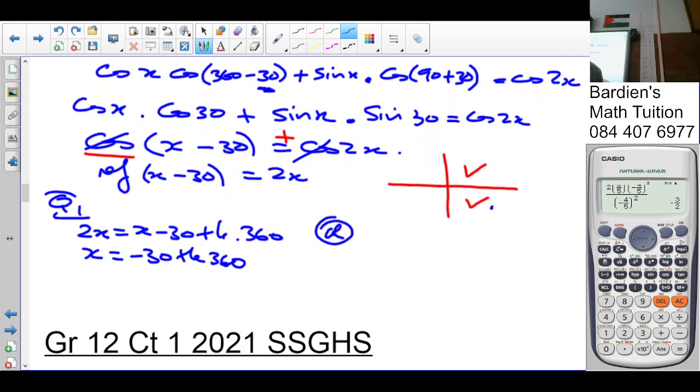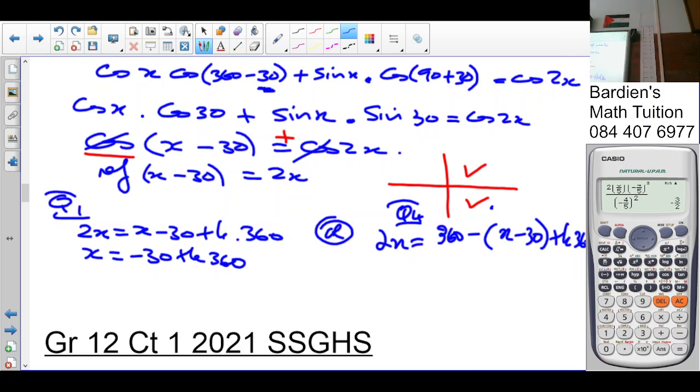Or, how do I get into this quadrant? Quadrant 4. So it will be 2x is equal to 360 minus x minus 30 plus k times 360. Or you could have just written it as 2x is equal to negative x into negative 30, or negative x plus 30. But because we always work with positive angles and we have a positive outlook on life, no?